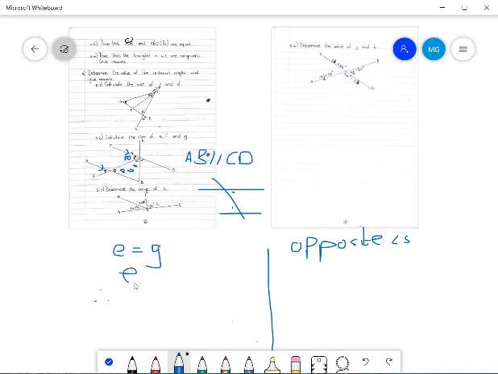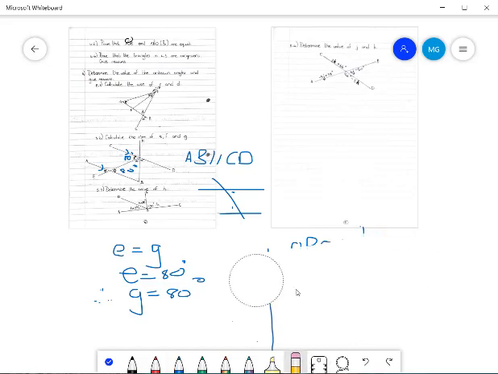So if E is 80 degrees, therefore G will also be 80 degrees. Opposite angles are equal, so I forgot to put that equal sign in there. And there you have it. F was 80. E was also 80 because F and E are alternate angles. And G was also 80 because E and G are opposite angles.